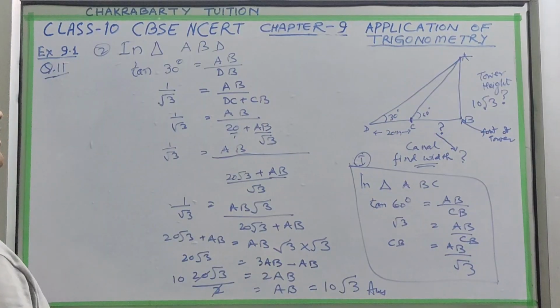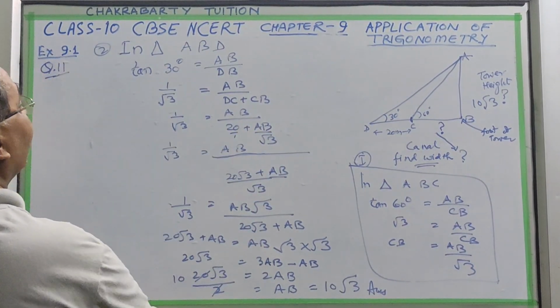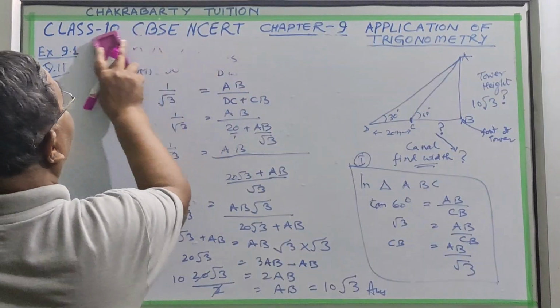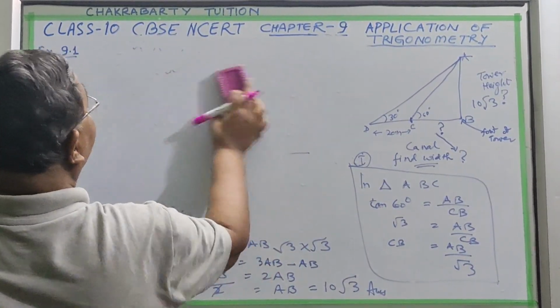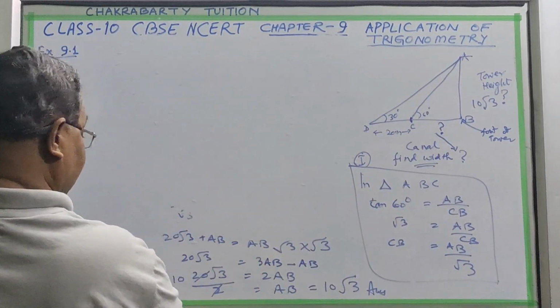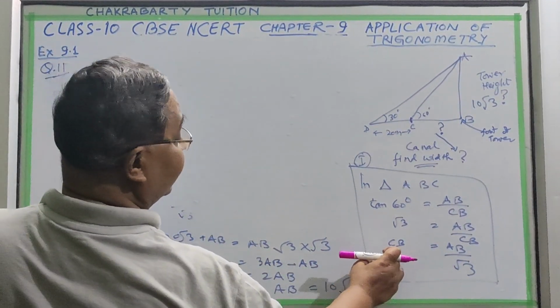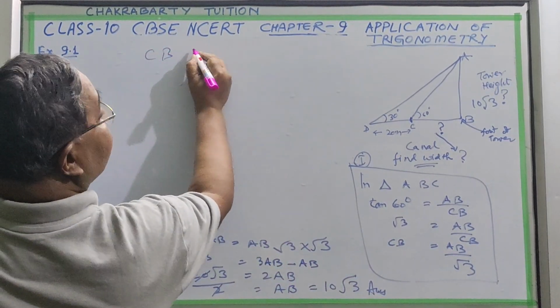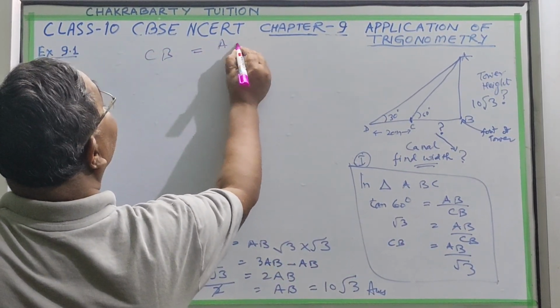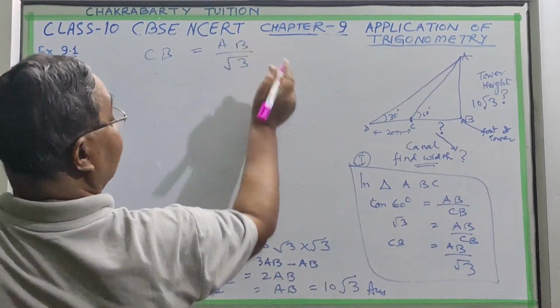Now we will go to the other part of the question. Now I will rub this portion and do further. So CB is equal to AB upon under root 3. We have solved it.